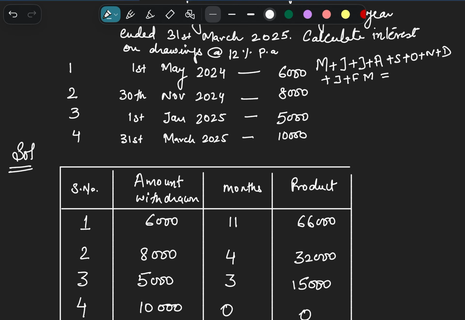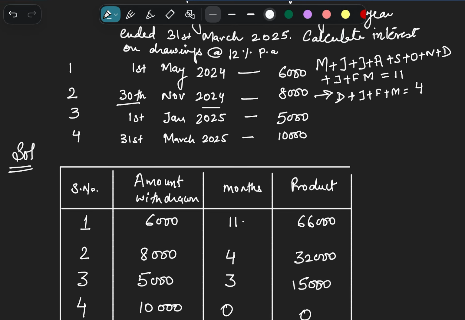So how many months are there? 11. So 11 months are being taken up. Next, on 30th November 2024, the amount was withdrawn. How are we calculating the months here? Since it was withdrawn on 30th November, we'll start from December. So December, Jan, Feb and March. How many months? 4 months.